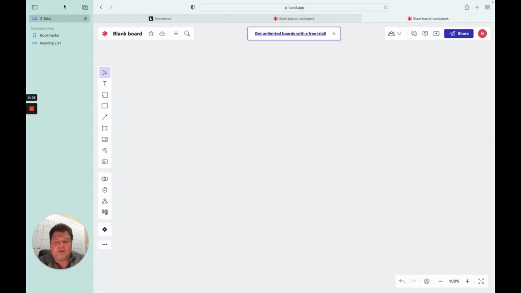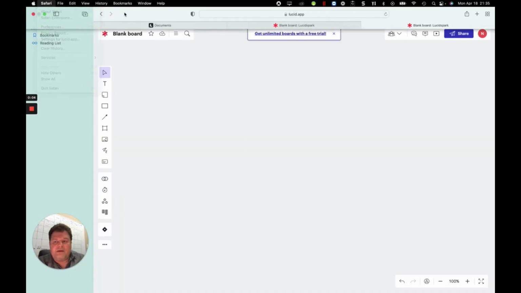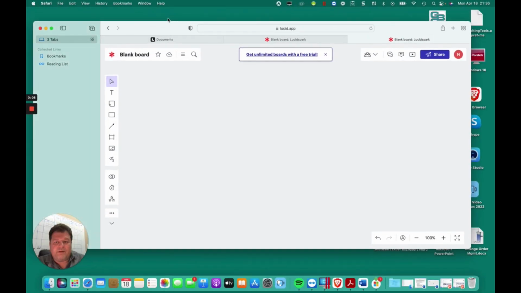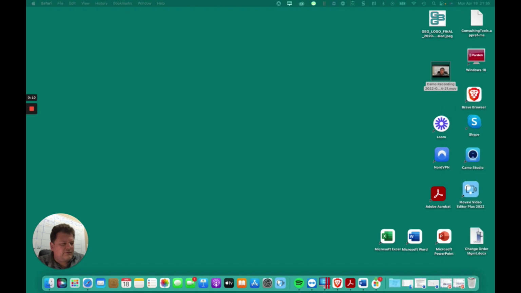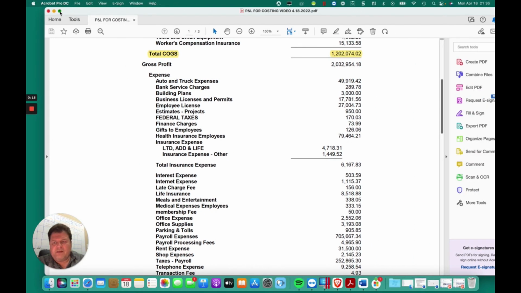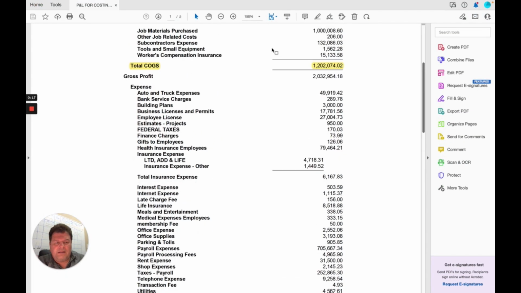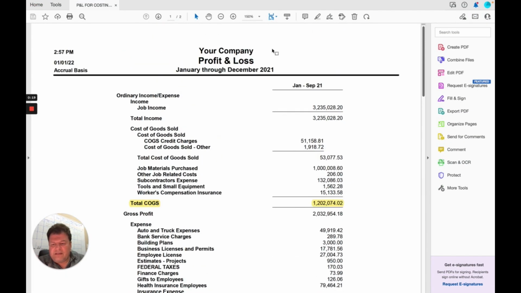Okay, guys. So I'm here with the whiteboard, but before we get to the whiteboard, I want to just quickly show you which numbers you need to pull. So I'm using an example here. I need two numbers, and you will need two numbers as well.